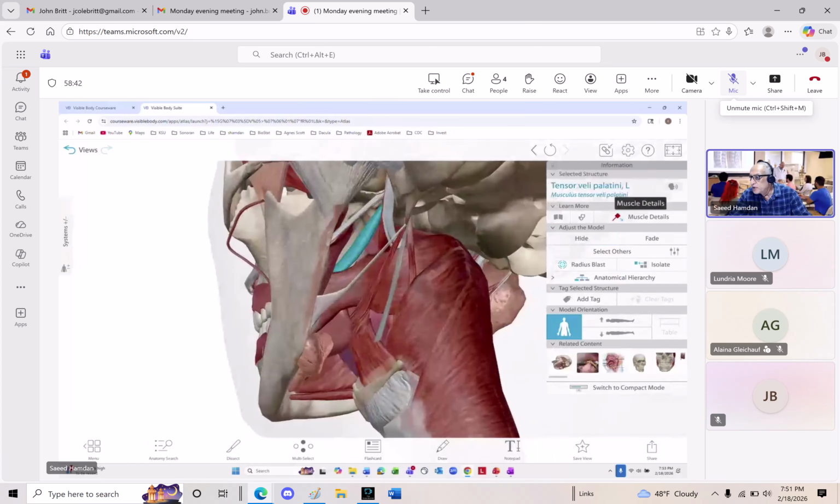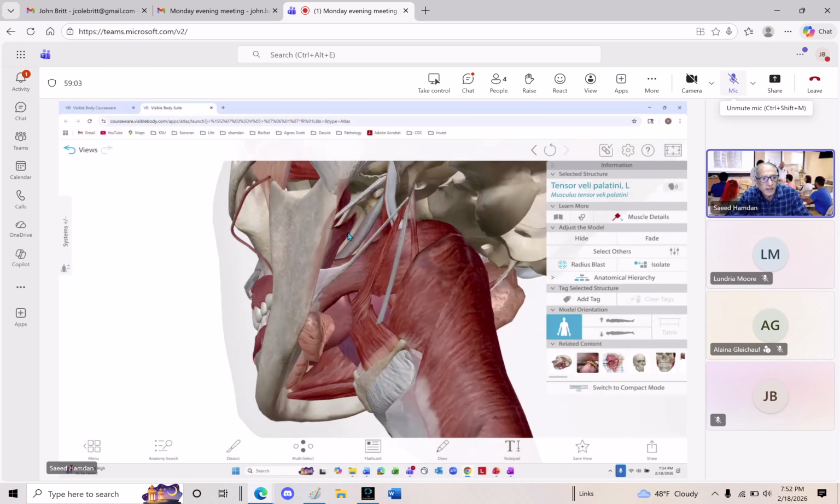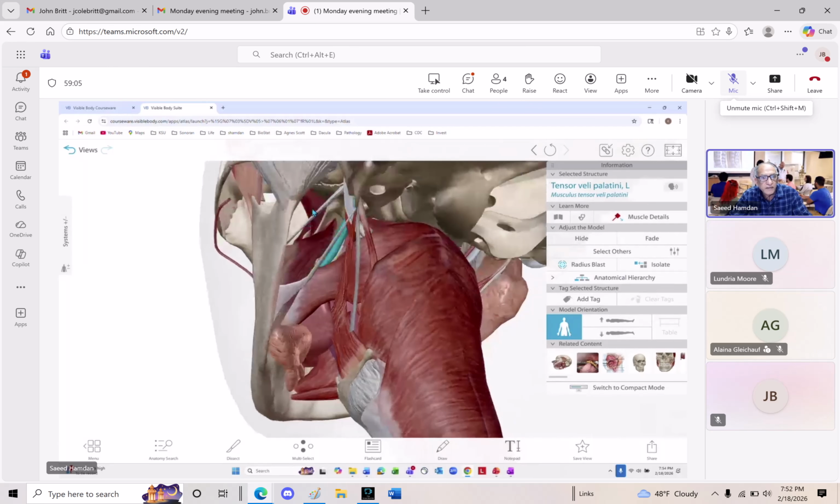So it is number two. They don't have it numbered, but yeah, it's the second on the list for the oral cavity muscles: tensor veli palatini, and then we have a levator.